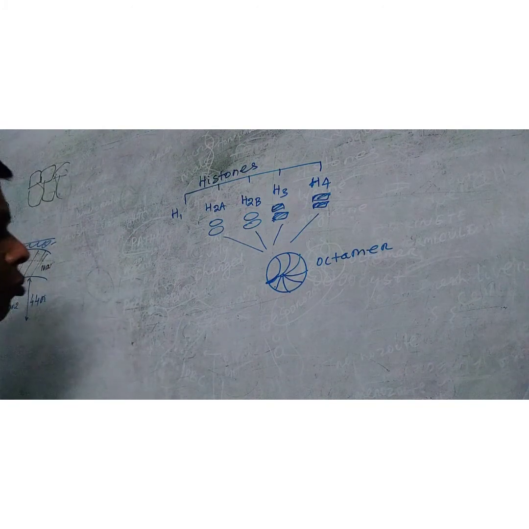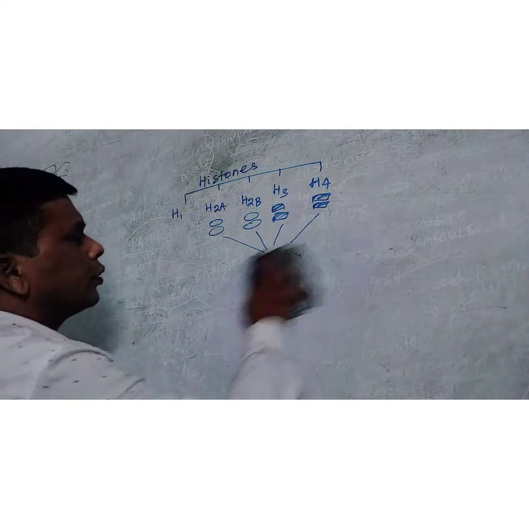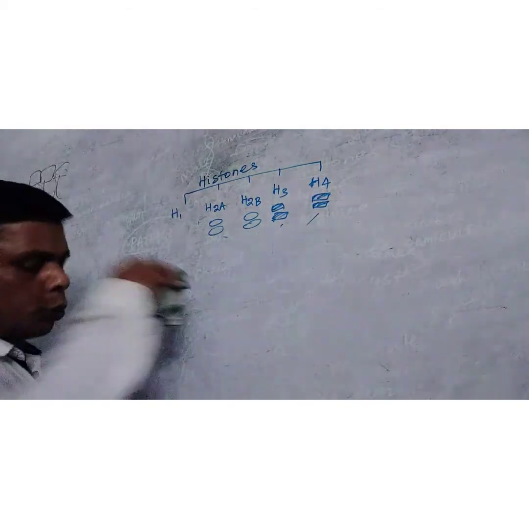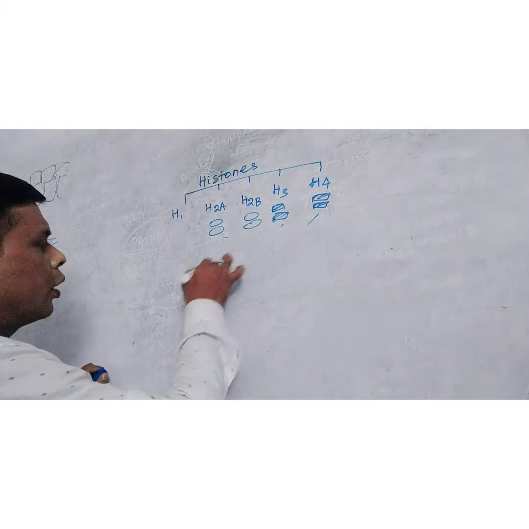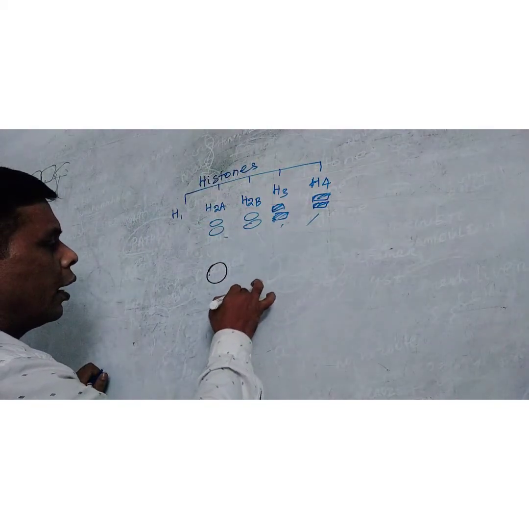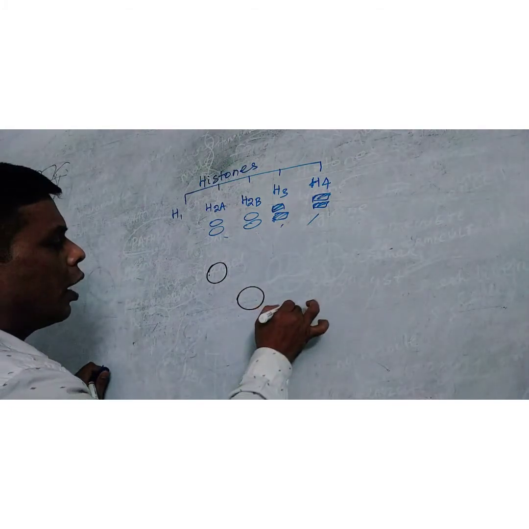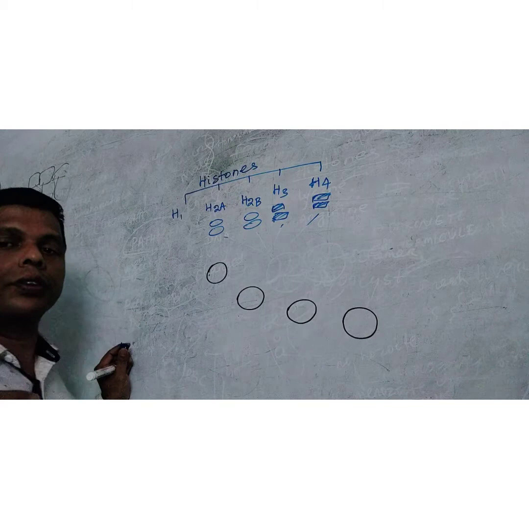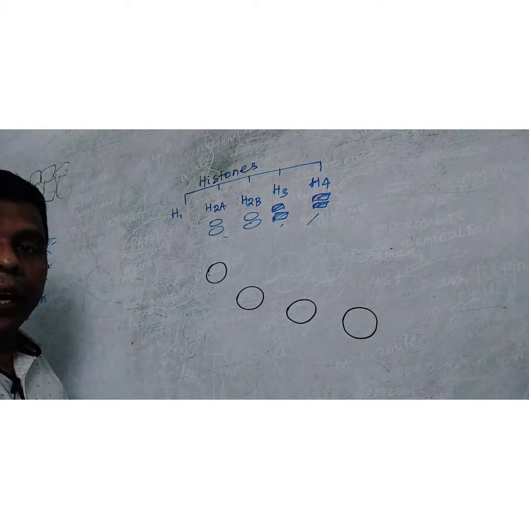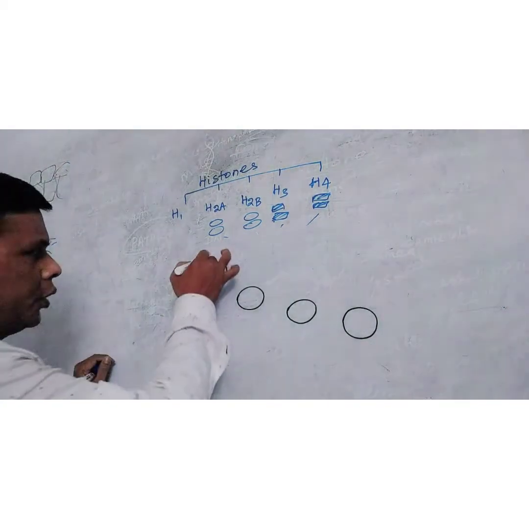Let's see. Suppose this is one octamer, another octamer, another octamer, another octamer. The DNA gets wrapped around it.